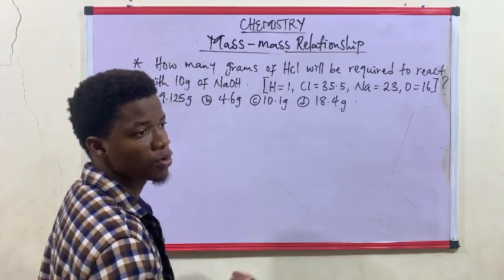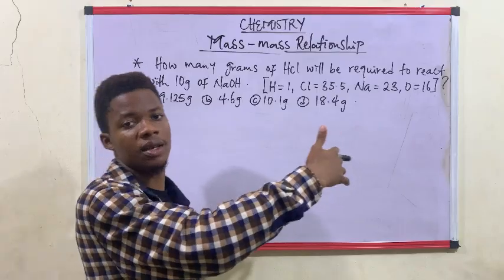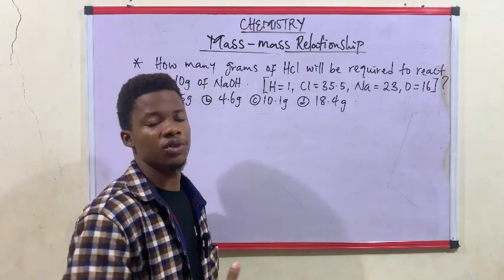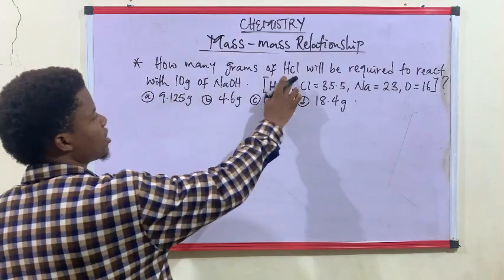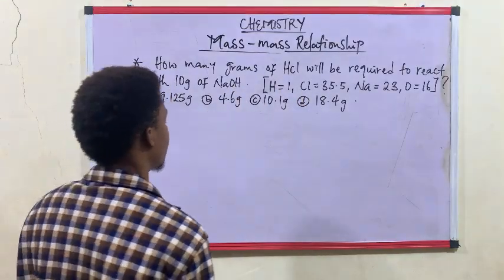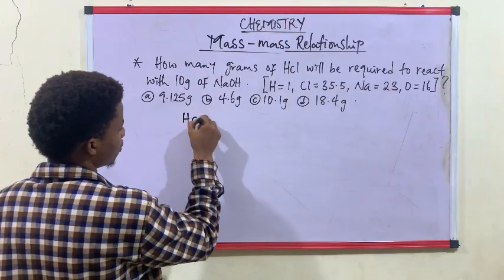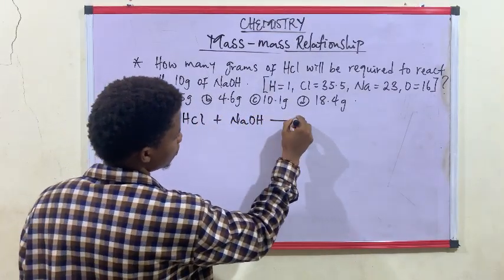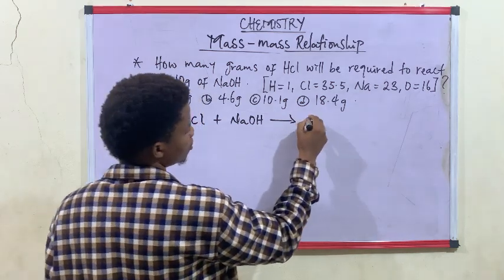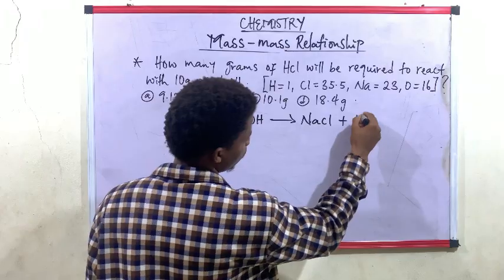Some questions are going to give you the already balanced chemical equation just for you to solve. Sometimes, if you are not given, you should be able to write it out. Now, this is an acid reacting with a base. So acid plus base, this reaction is very common. It's going to give us salt and water.